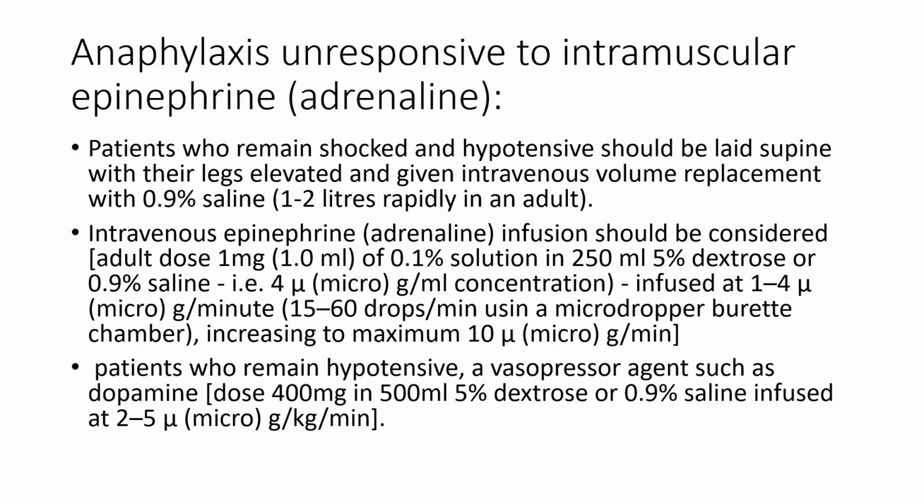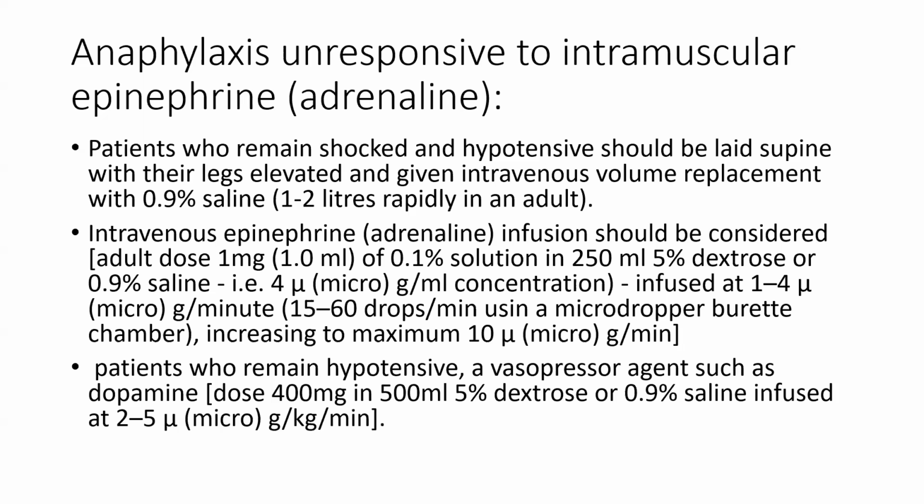Now, anaphylaxis, which is unresponsive to the intravenous epinephrine. Patients who remain shocked and hypotensive should be laid supine with their leg elevated and given intravenous volume replacement with 0.9% saline. Intravenous epinephrine infusion should be considered in adult dose, that is 1 mg of 0.1% solution in 250 ml of 5% dextrose and 0.9% saline.